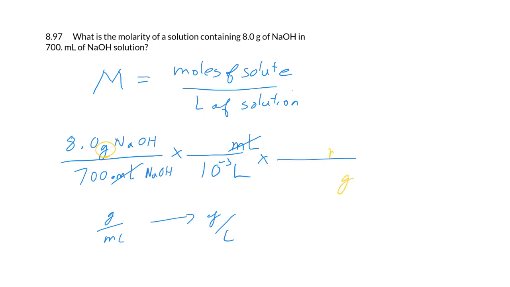I want to go from grams of sodium hydroxide to moles of sodium hydroxide. So I'm going to run to my periodic table. All right, so 22.9897 plus 15.9994 plus 1.00794 gives you a mass of sodium hydroxide of roughly 39.997 grams of sodium hydroxide per mole of sodium hydroxide.